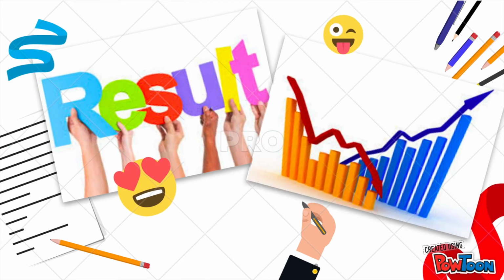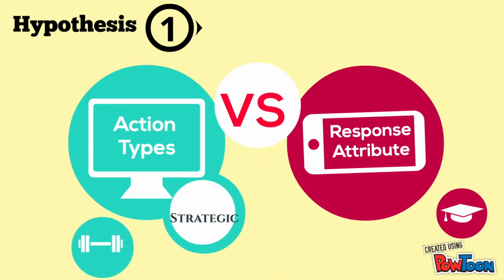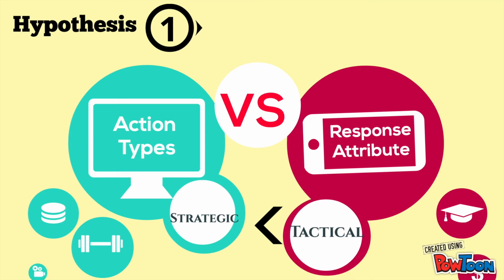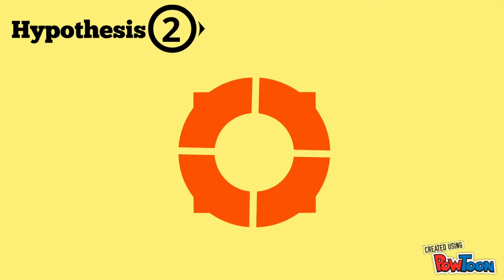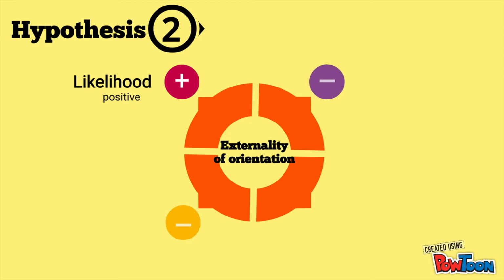Let's move to the final section of this research, the results. Some support for hypothesis 1: airlines responded more slowly and less to strategic actions than to tactical actions. Hypothesis 2 supported. As predicted, external orientation is positively related to response likelihood and negatively related to lag and order.